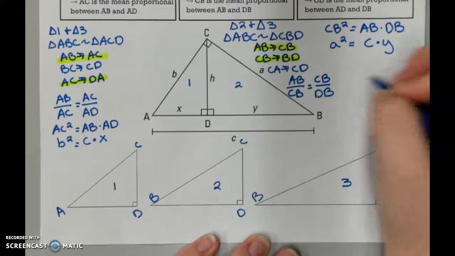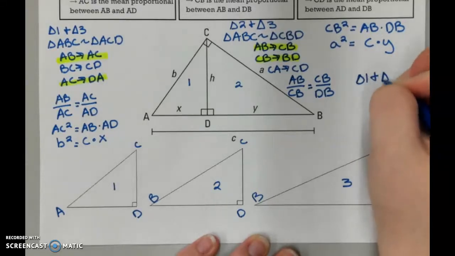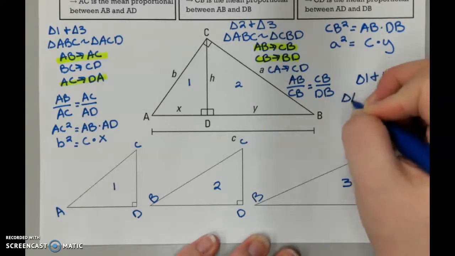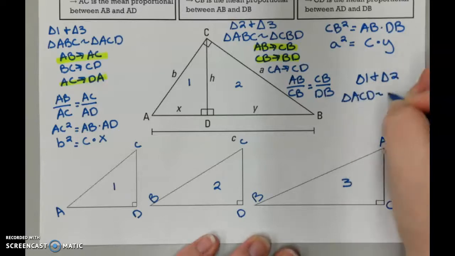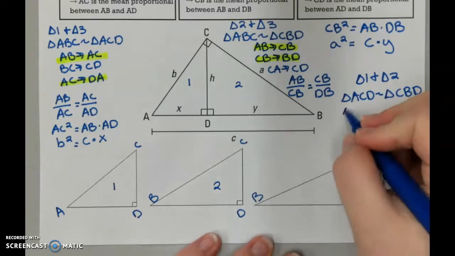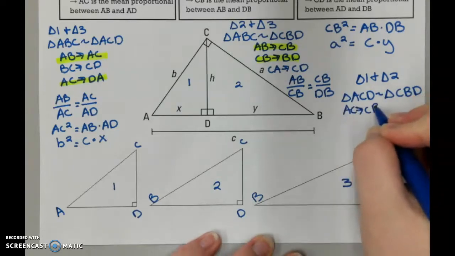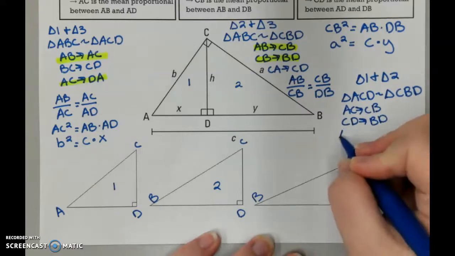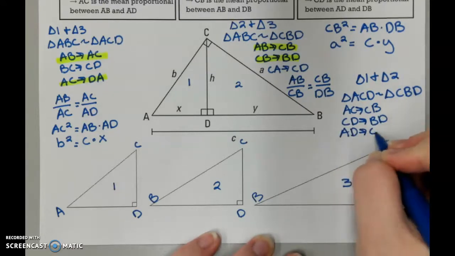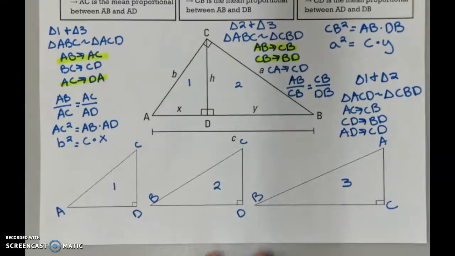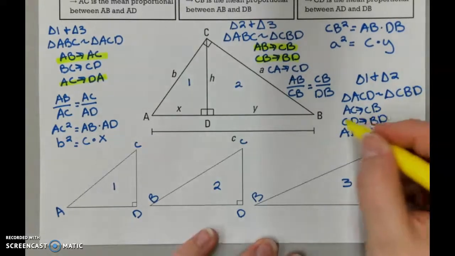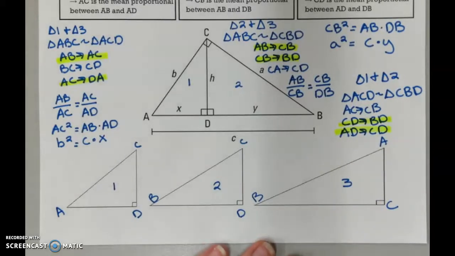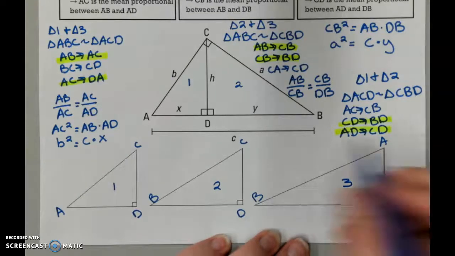So, triangle ACD is similar to triangle CBD, which means AC corresponds to CB, CD corresponds to BD, and AD corresponds to CD. And again, I do have a repeating segment, and that's CD for these two corresponding sides. So once again, I can write my proportion.